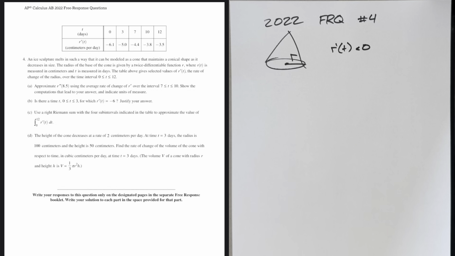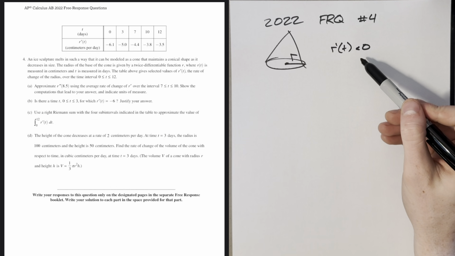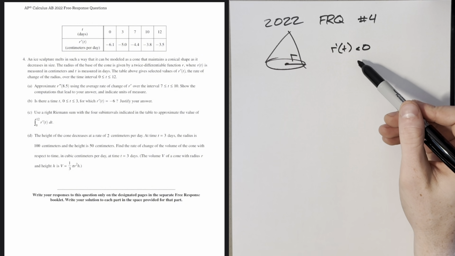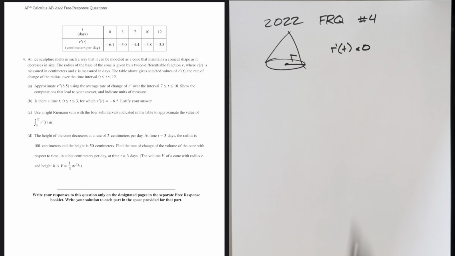And it's decreasing all the way until t equals 12 days later. Looking at the table, this does add up, because all of the values of r prime of t in the table are less than 0. They're all negative values, so this makes a lot of sense just looking at it initially.